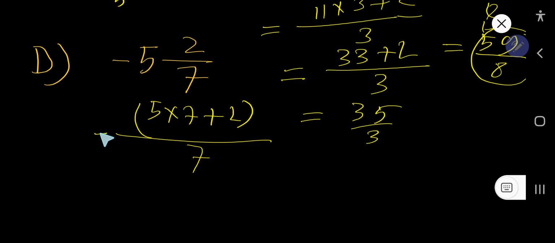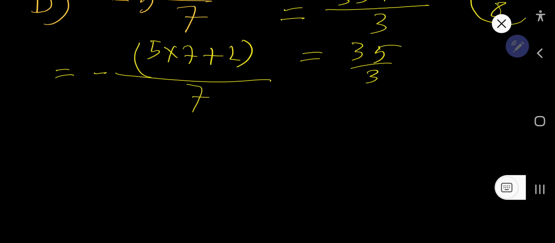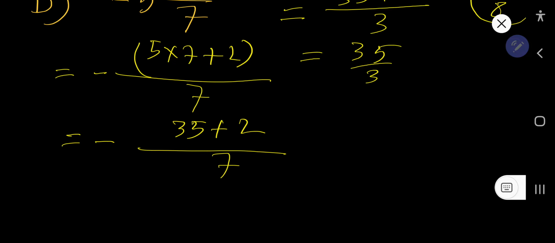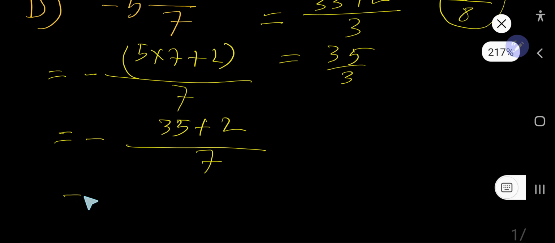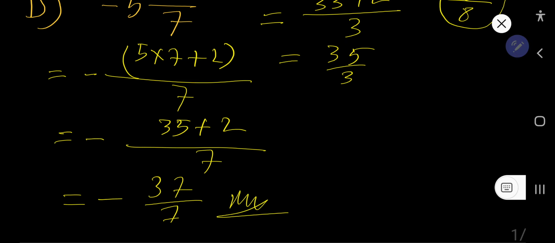You can consider negative here, 7. So you are getting 35 plus 2 divided by 7. So we are getting here minus 37 divided by 7, and this is the answer.